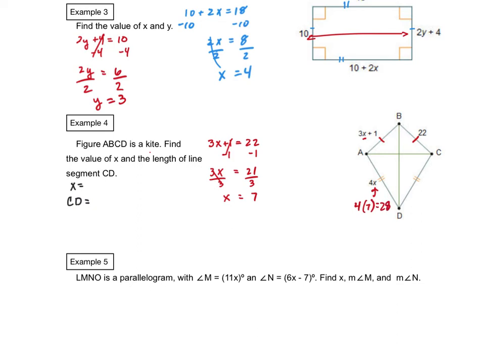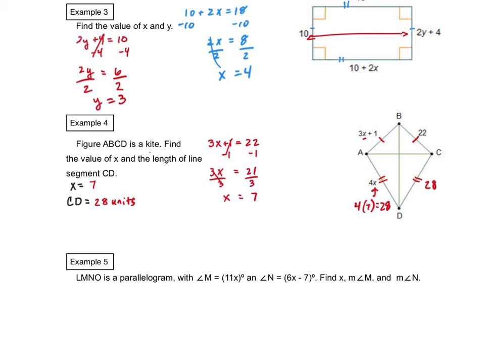So the segment AD is equal to 28, and again the characteristic is adjacent sides are congruent, so this is also equal to 28. So x is equal to 7, and CD is equal to 28 units. I don't know what unit it is, but I do know it's 28 something.